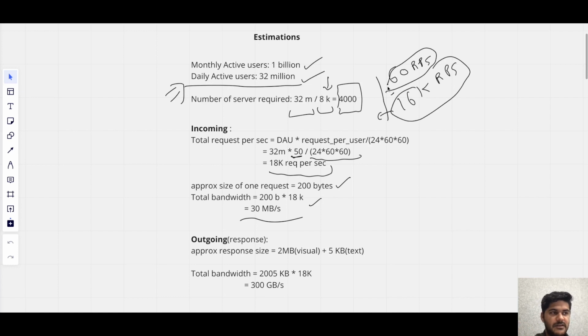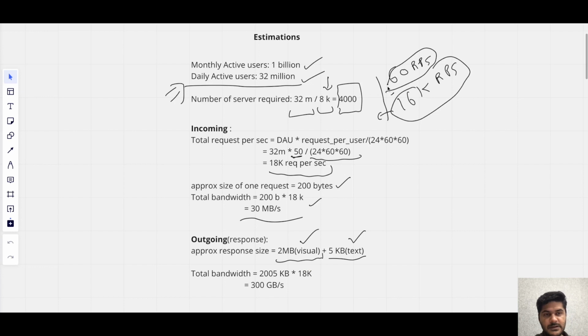If I have to talk about output, now in output sometimes we send images, and especially in navigation we might send a long output to our user, right? So here I am considering that it will be a combination of visual, where I'm talking about the images, and text, right? So text is obviously very light, but your image can be heavy, right?